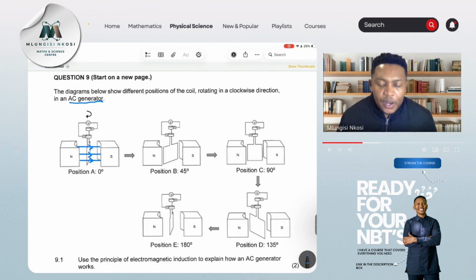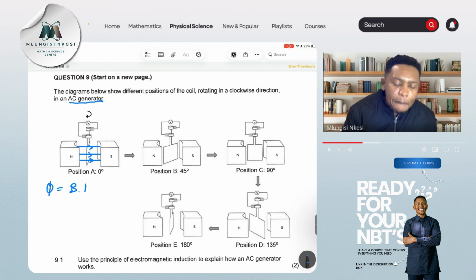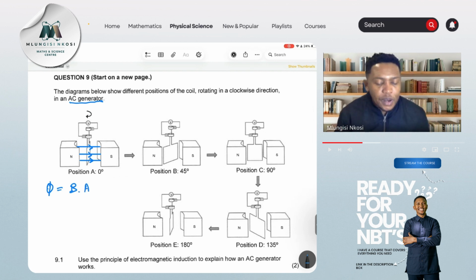That's very important, because when we talk about magnetic flux, that's B multiplied by A. So it's the magnetic field multiplied by the area, multiplied by the cos of the angle phi, which is the angle between the magnetic field and the cross section of your armature.